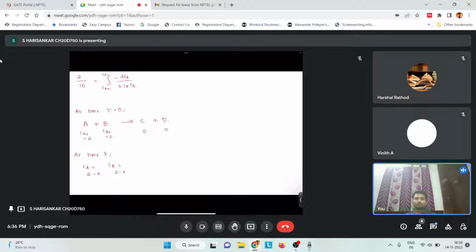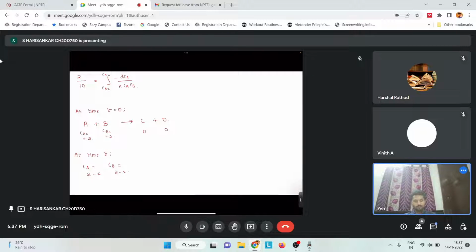Because the stoichiometry of A and B are the same, whatever amount of A is reacting, B will also react. So if out of the 2 moles of A, 1 mole of A is reacting, then 1 mole of B will also react to form the products. So the concentration of A and B both will be 2 minus X after time t.